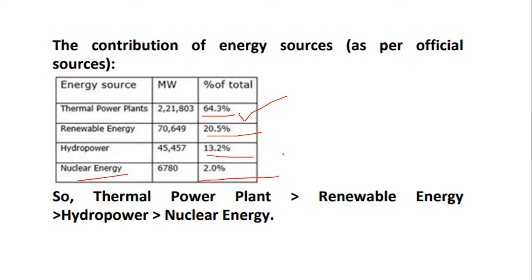Please be careful, it is talking about the sources in sequence. The thermal power plant comes first with 64.3%, followed by renewable energy at 20.5%, then hydropower at 13.2%, and then nuclear energy at 2%.